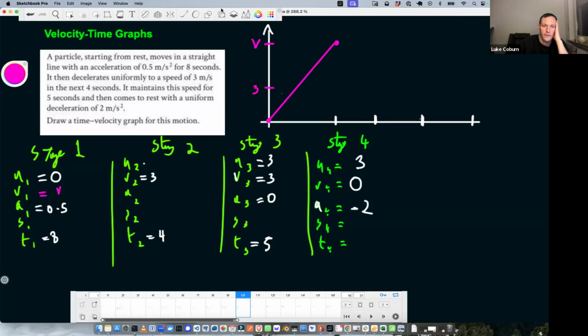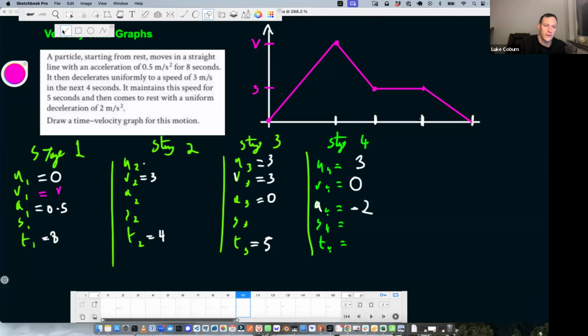So it decelerates to a speed of 3, so that's here. Then it stays at that constant speed for the next 5 seconds. And then finally it decelerates, like so.